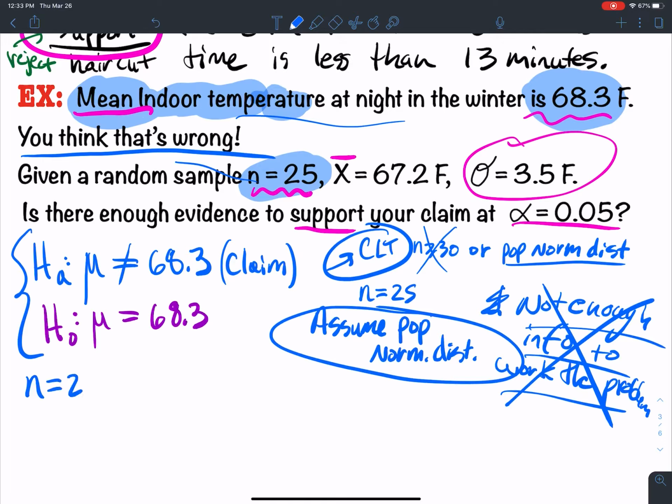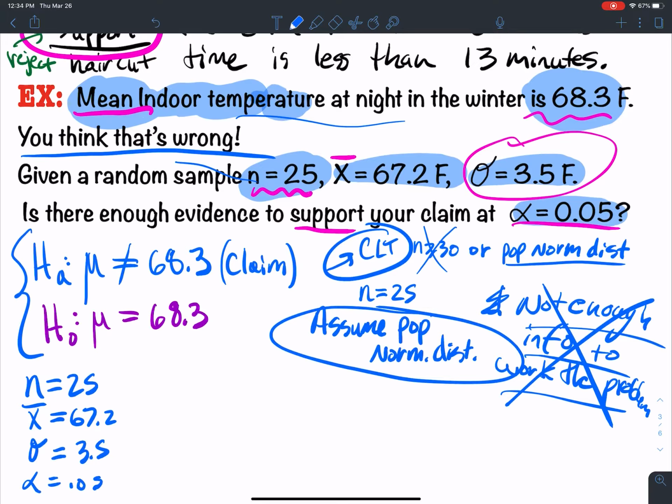So I know n is equal to 25. What's the next number? X bar, and then sigma, and then alpha. So it's just listed to you. It's pretty easy. X bar, 67.2, sigma, 3.5, and alpha, 0.05.